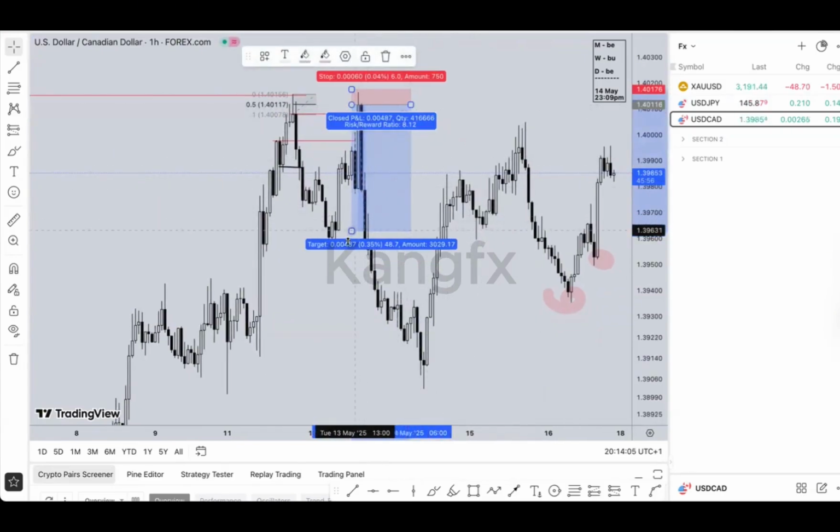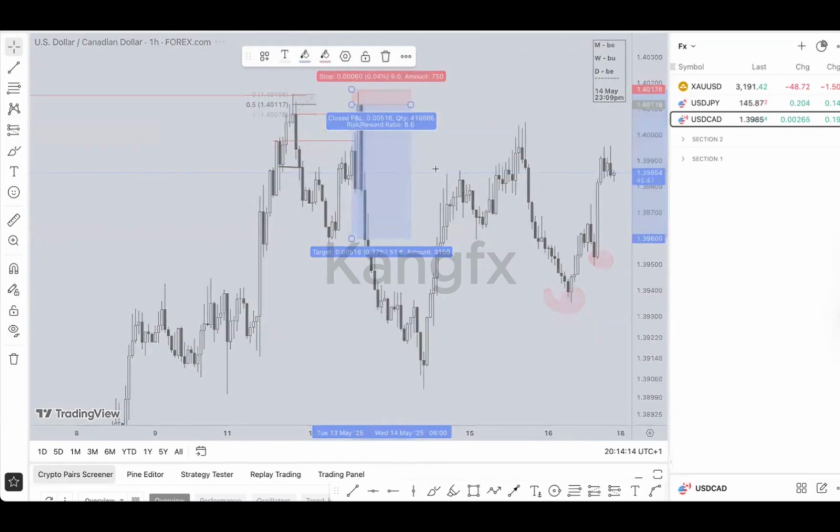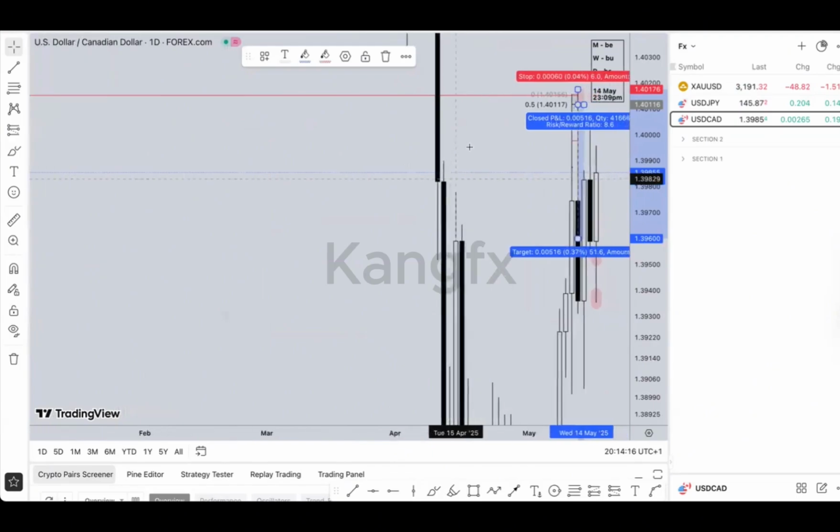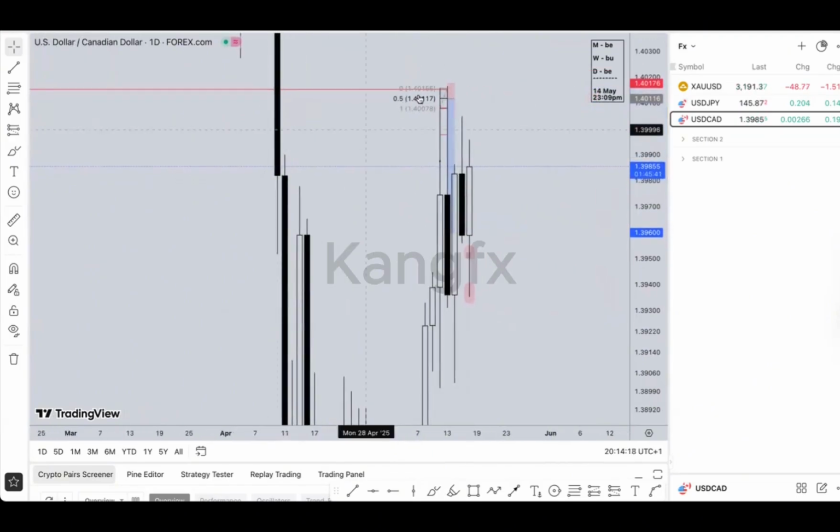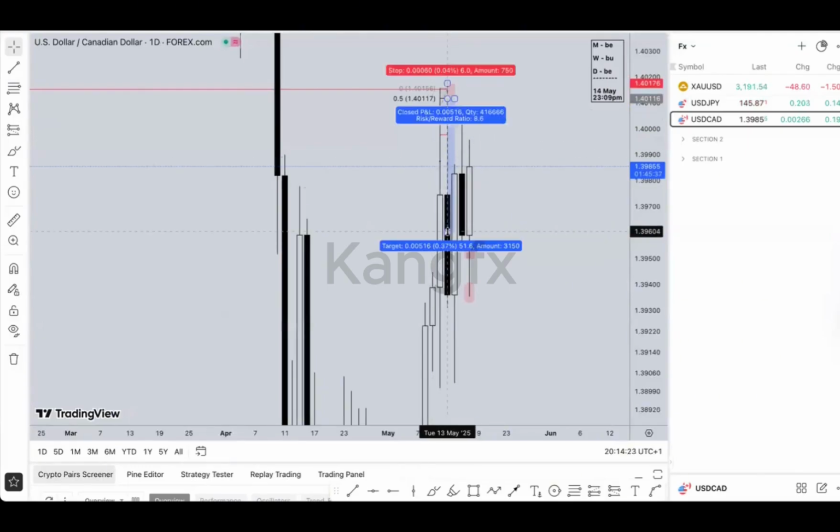Because I'm not trying to take out my TP here on this swing low, because this trade is coming from daily. I'll go to daily to see the closest key level to that point. If I'm coming down from here, the closest key level... this candle was still forming, so this was not a key level.